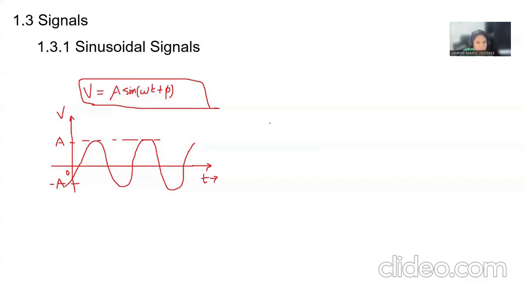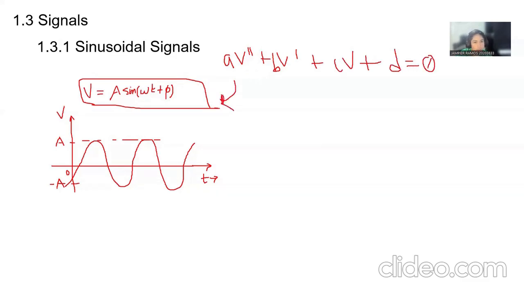So we have to understand that differential equations are something like that: B, C, V, plus D. This is the solution of a big group of differential equations that are mostly related with circuits, with capacitors, inductors, and so on.